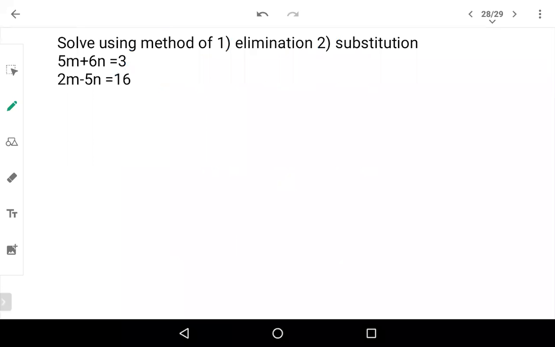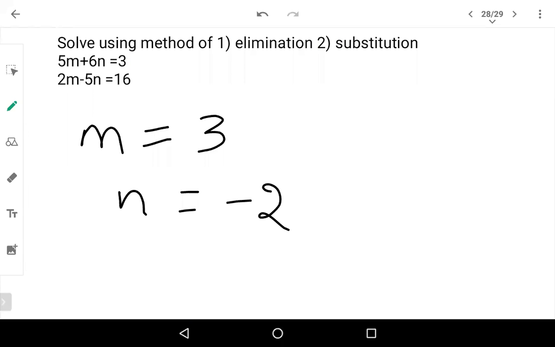Okay. So the value of m is 3 and value of n is minus 2. Under both the methods, you got the same answer? Okay, okay.